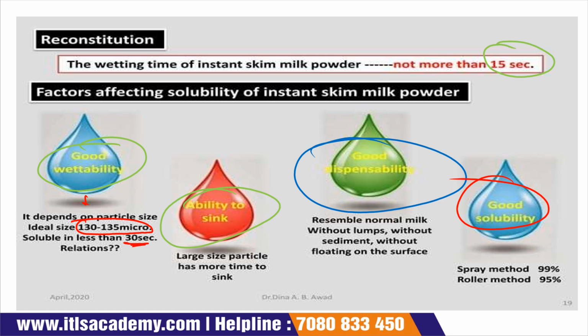The second factor is the ability to sink. A large particle has more time to sink, so obviously it takes more time. Good dispersibility resembles normal milk without lumps, without sediment, without floating on the surface. For good solubility, the spray drying method gives 99% and the roller method gives 95%.